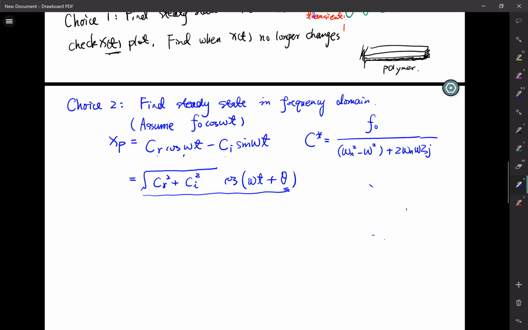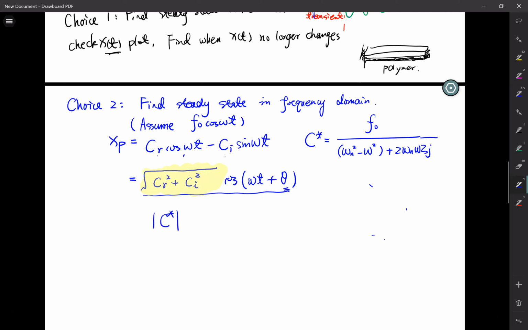And then let's compare these. So let's look at the first term. The first term here, the square root of CR squared plus CI squared, is just the absolute value of your C star, right? Make sense? Because the real part squared plus the imaginary part squared, take the square root, that's just the length of a complex number.